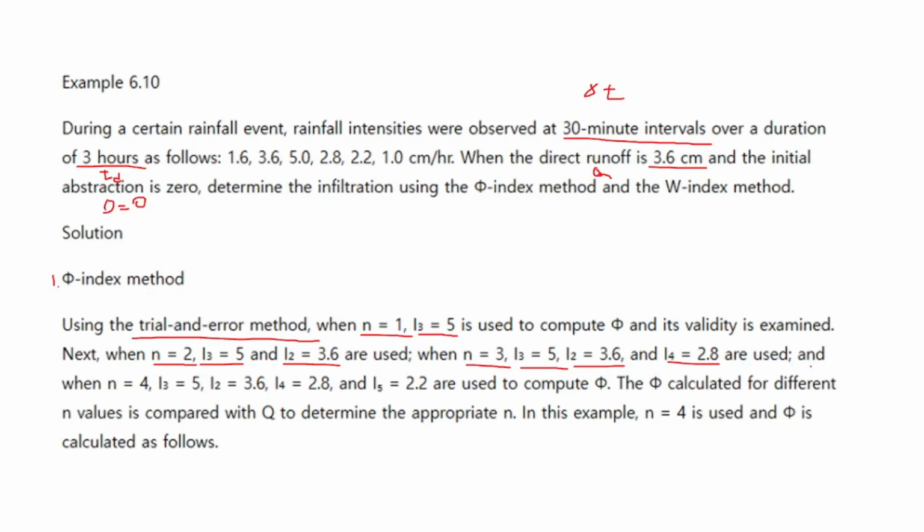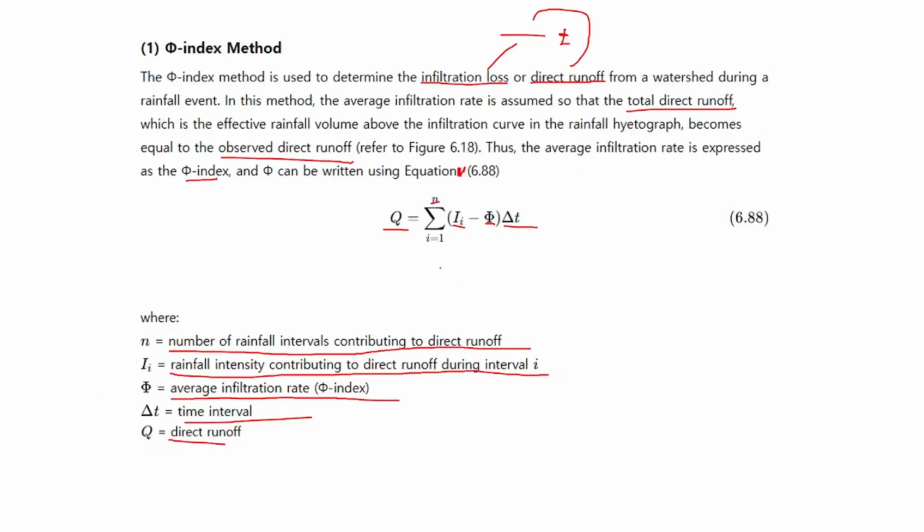So what they're doing, if you remember the equation, is the trial and error method to determine which n number works best to find the phi index.